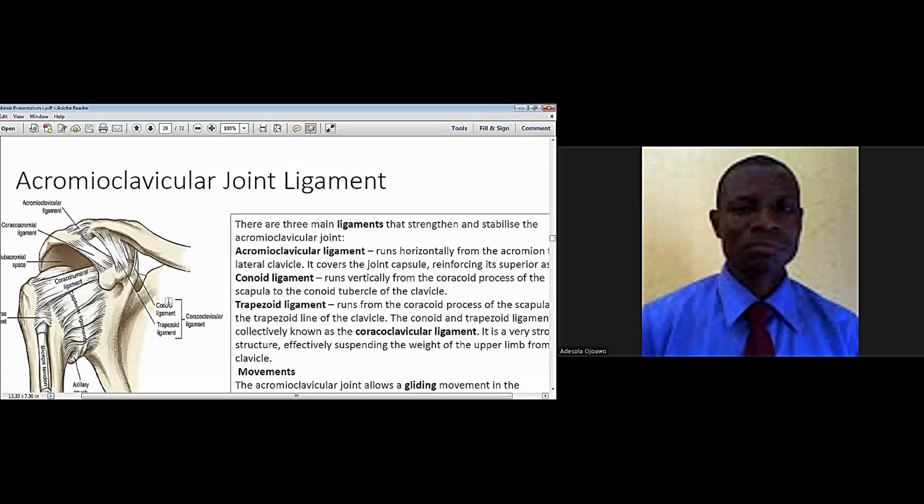Here we have the conoid and trapezoid ligaments together forming what we call the coracoclavicular ligament. These ligaments are very important. You see the importance as we go into the teaching. Please let's go on, to save our time. We have the innervation here.